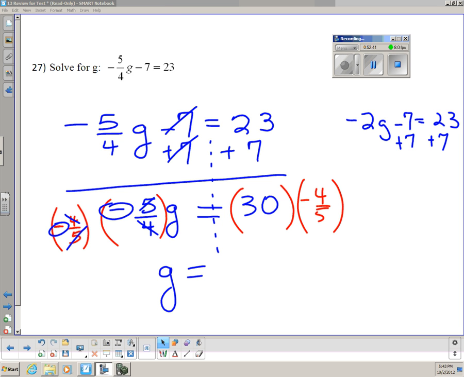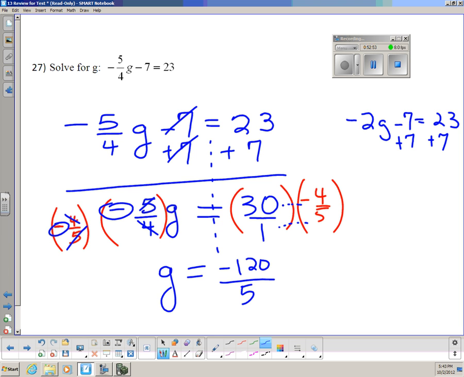I'm sorry, I'm having some technical issues with the calculator. So you can do this the old-fashioned way by multiplying across from left to right. 30 times negative 4 is negative 120. 1 times 5 is 5. And negative 120 divided by 5 is negative 24. So g is negative 24.